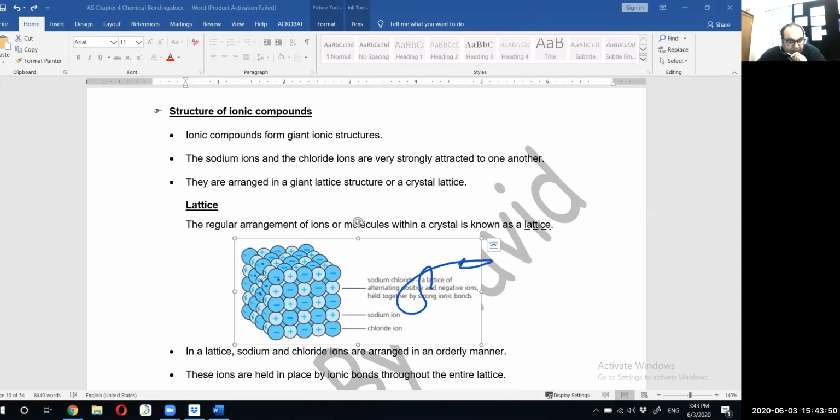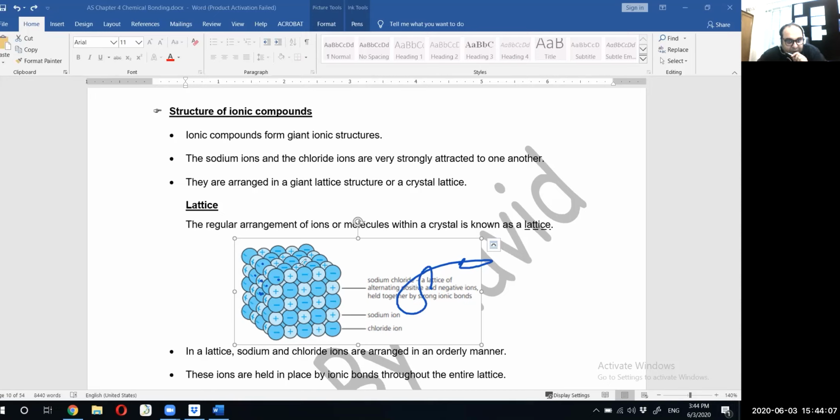So each positive is surrounded by 6 negatives, and each negative is surrounded by 6 positives.